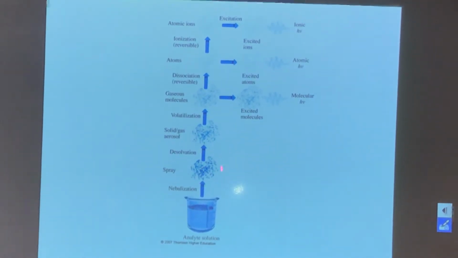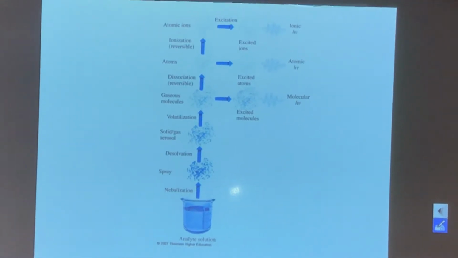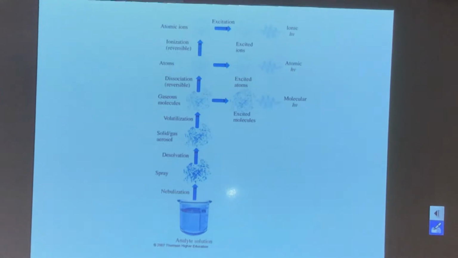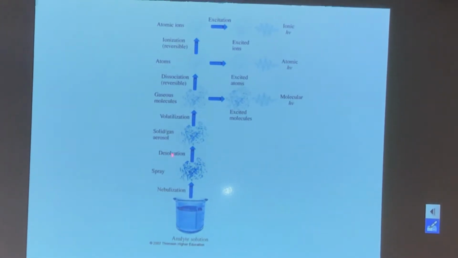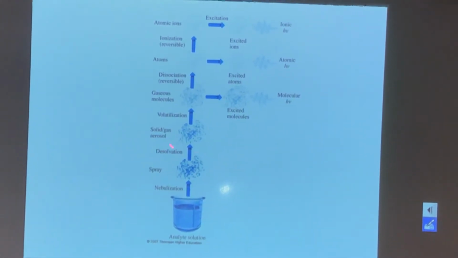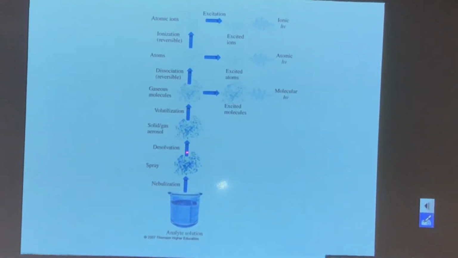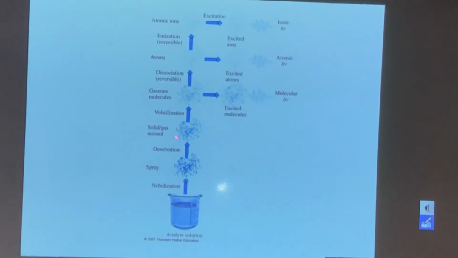Remember, in here we have the metal, but the metal is kind of solvated, so it's in this capsule. It's surrounded by these water molecules, and we get this spray, and that's similar to what you do with your hairspray or any kind of nebulizer. Then we have desolvation, in which we strip the solution away, all right, and we get this solid gas aerosol, all right.